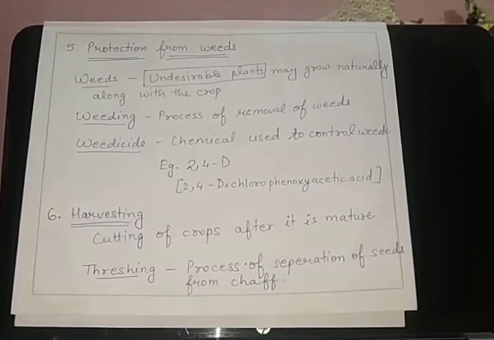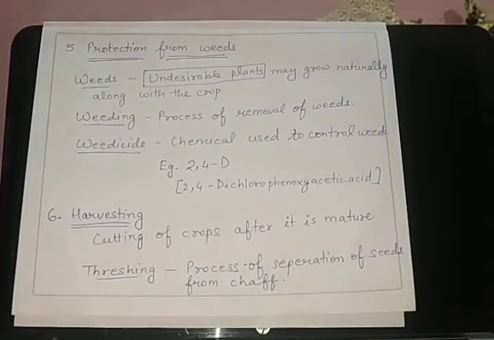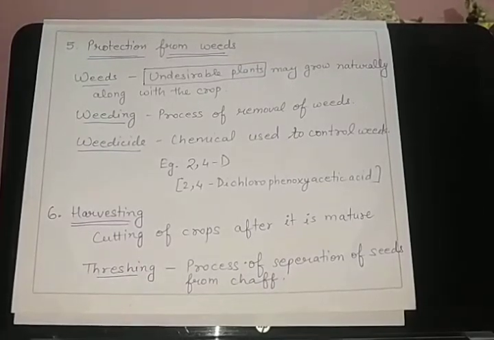So what is going to happen? The weeds are also going to take the nutrients from the soil, and the maize also wants that nutrient from the soil. So maize has to share the nutrients with the weeds, right? So it will be lacking that much nutrient.